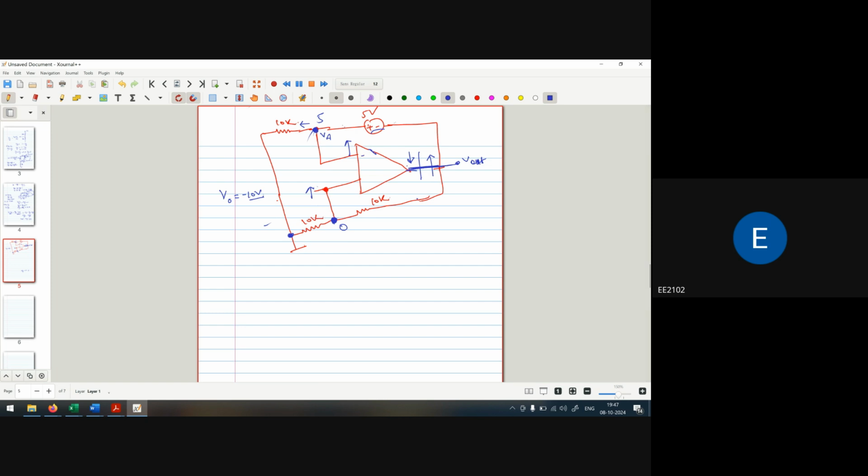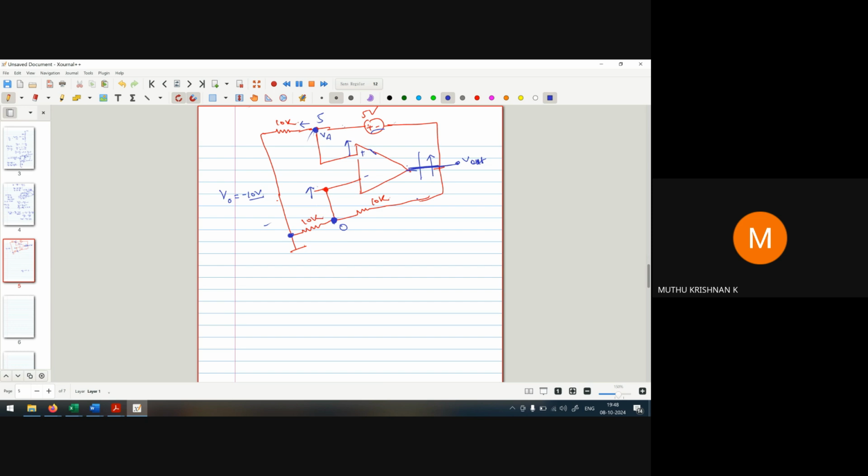Either if it is connected to the negative, or if it is connected to the positive, the value will increase. So if I consider this one as negative and this one as positive. Now the second scenario is if this one is positive and this one is negative, then what?